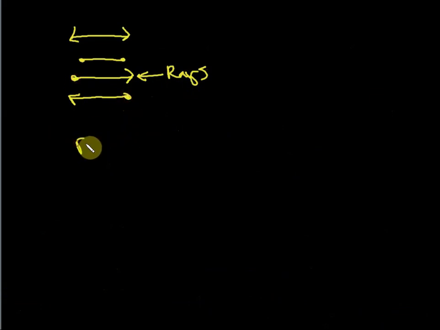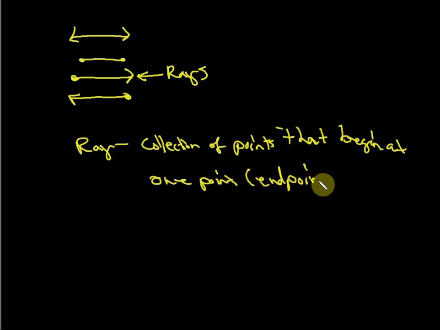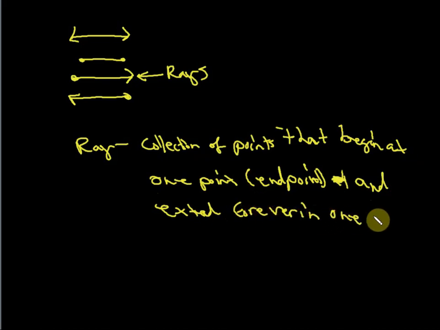A ray is a collection of points that begin at one point, which is the end point, and extend forever in one direction.